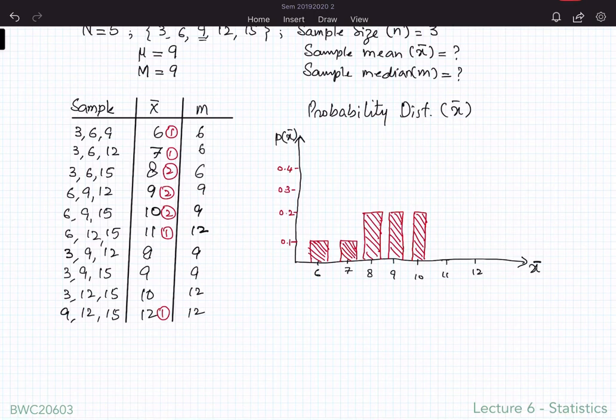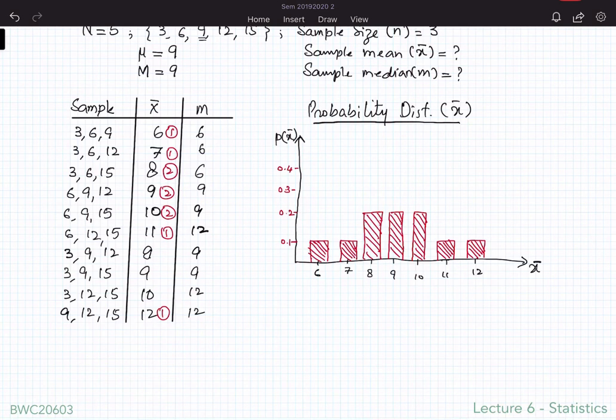And 11 is appearing only once, therefore its probability will be 1 divided by 10, 0.1. And 12 is appearing once also, so its probability will be 0.1 also. So this is the probability distribution of the sample mean, and this is also called the sampling distribution.